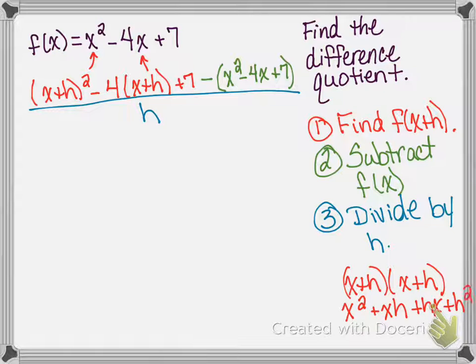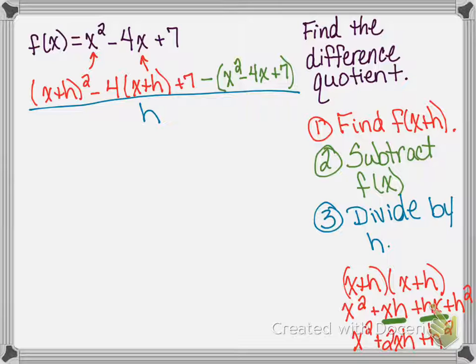Now, is xh and hx the same thing? Is 2 times 3 and 3 times 2 the same thing? Yes. So x times h and h times x, they are the same thing. So this actually simplifies to x squared plus 2xh plus h squared.